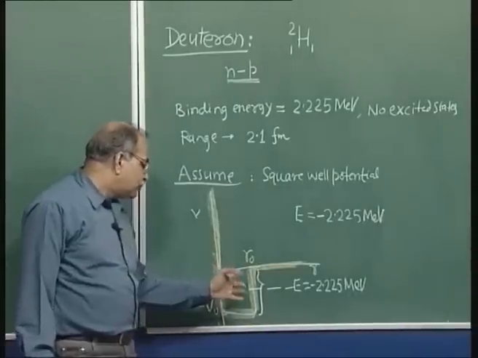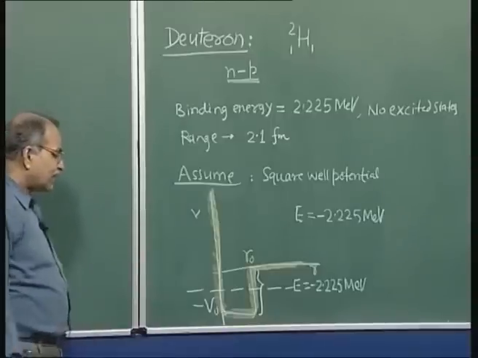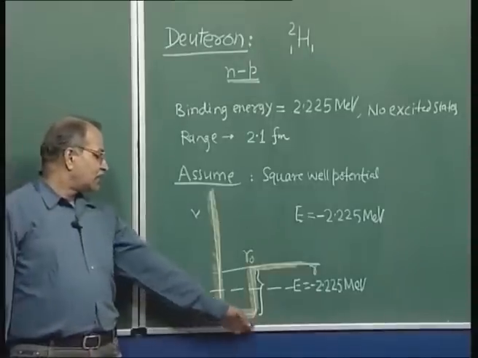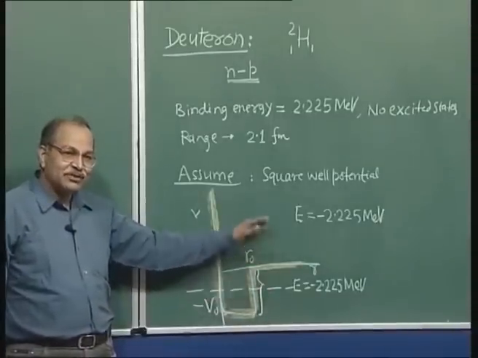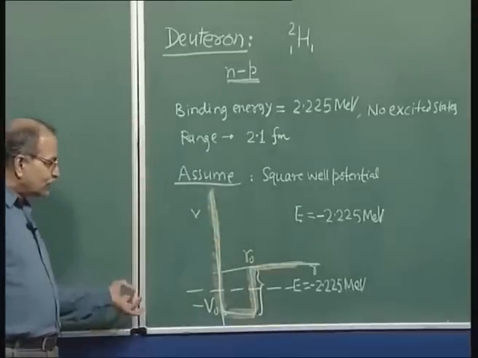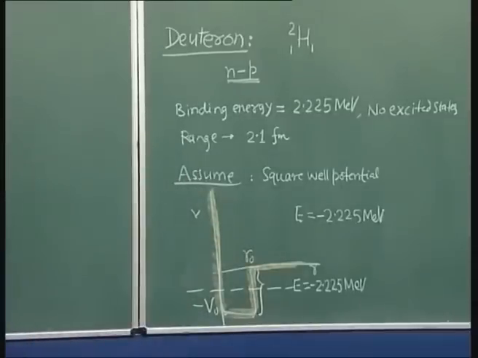I believe you must have done courses on quantum mechanics for the square well potential, how to get the bound state energy levels and so on. I will just go through those steps, but not in great detail. This is a 3-dimensional square well potential.